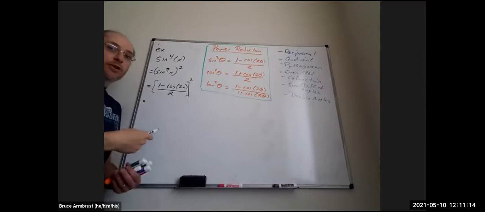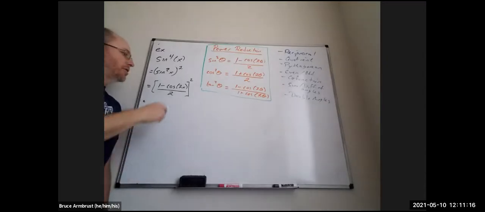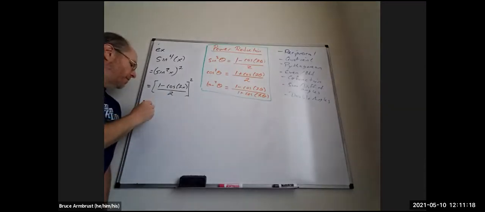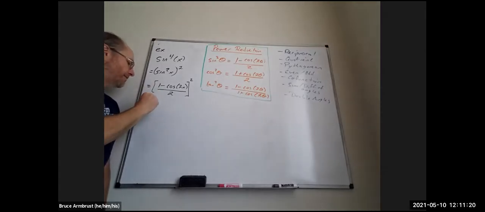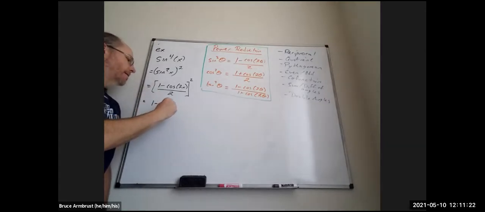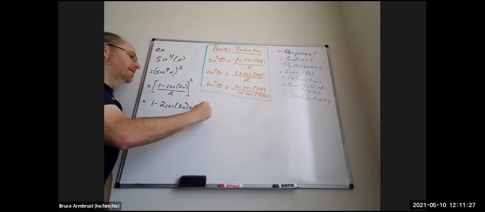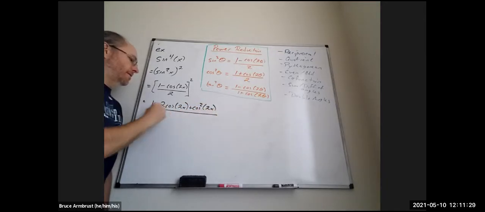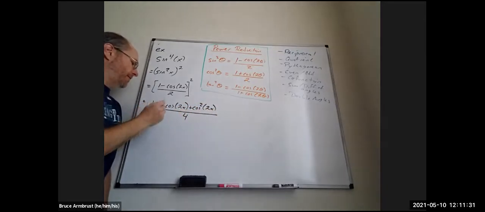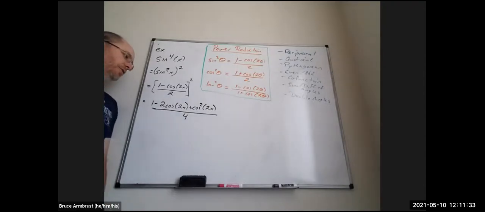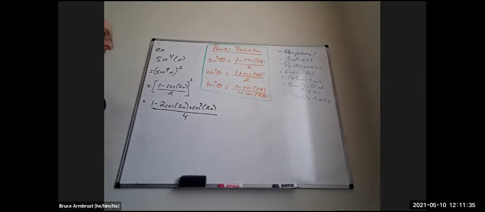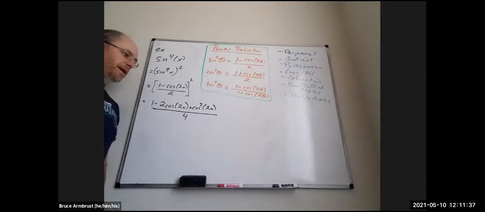So let's go ahead and square it out. On the bottom we're going to get a 4, of course, but on the top you have to FOIL. And the result of that FOIL is 1 minus 2 cosine of 2x plus cosine squared of 2x.